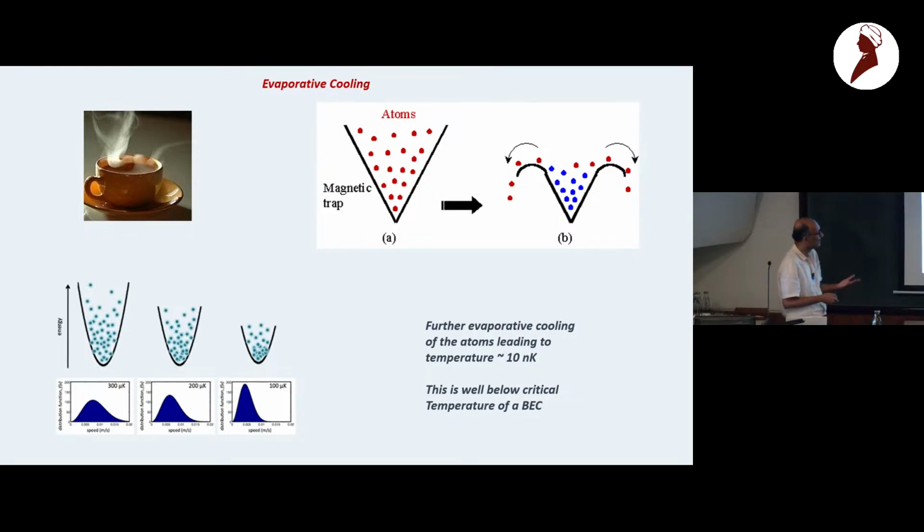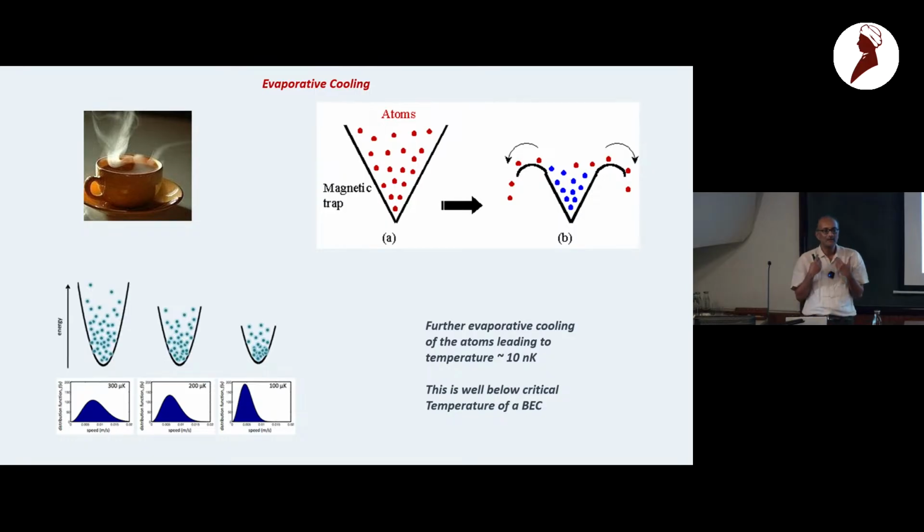Since average energy here is a measure of temperature, you see that this thing becomes really cold, and it's possible to achieve temperatures of order nanokelvin using this technique. And I think the record now goes well below nanokelvin, tens of picokelvins or something like that. That's what they can achieve in different laboratories.